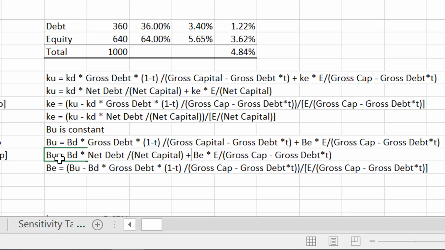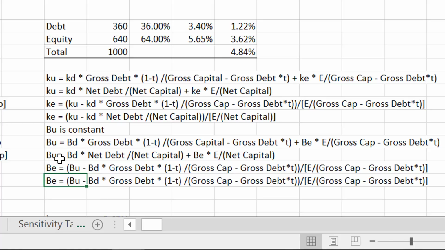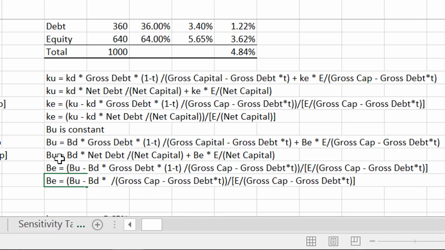And look how easy these formulas become when we use the net capital to compute the cost of capital and anything else. Then finally you can do it down here. The formulas, I'm just subtracting and going the other way. So you just put it here, and you've kind of proved that Hamada stuff.